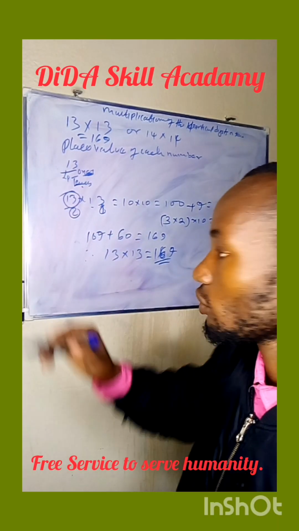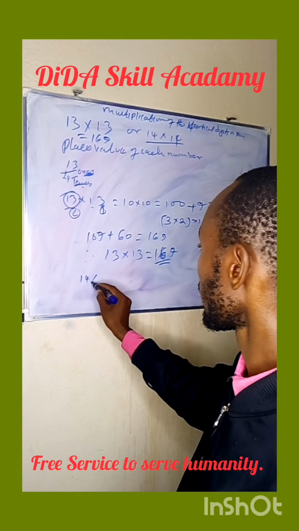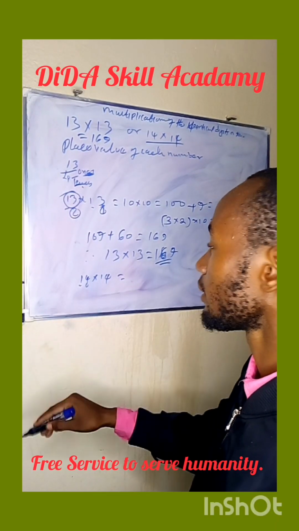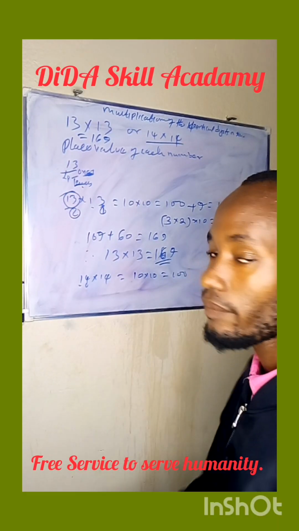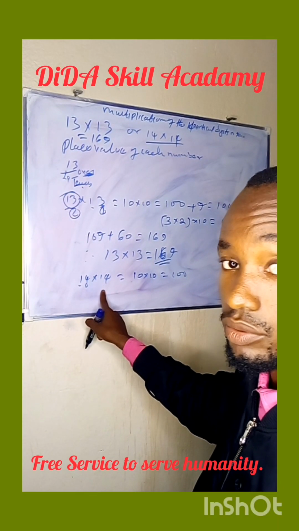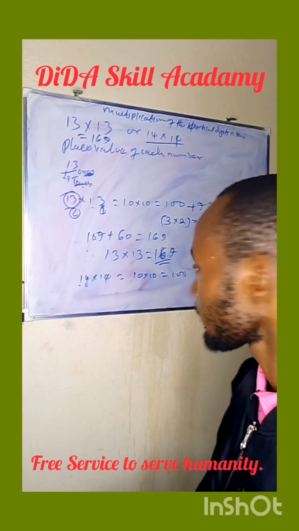Kindly pause the video and try to multiply 14 times 14. Where here we have 10. So we have 10 times 10, which is 100. There must be 100 within the multiplication of 14 times 14, which is identical numbers.